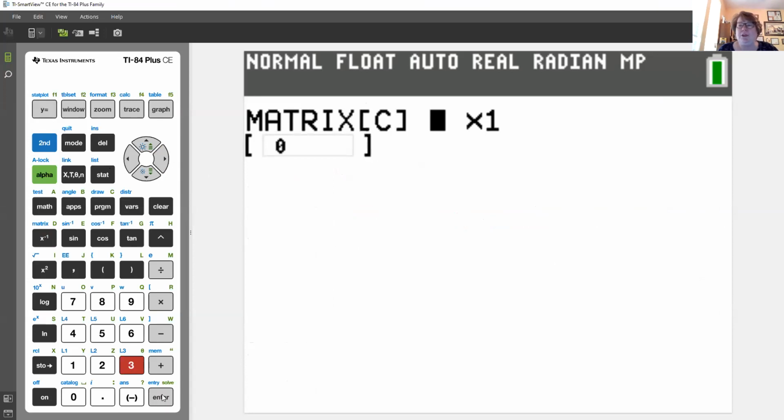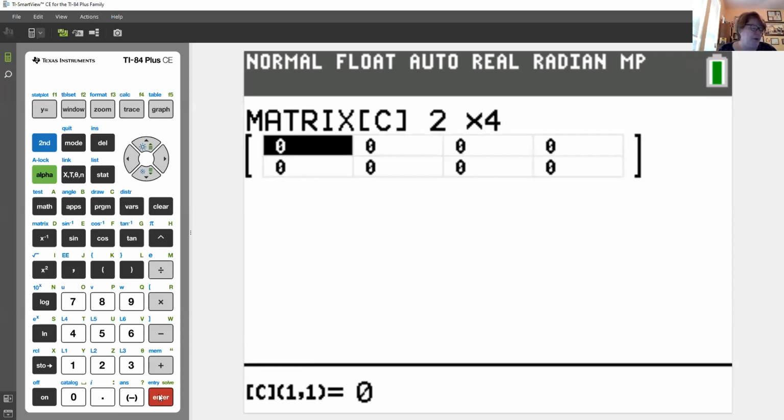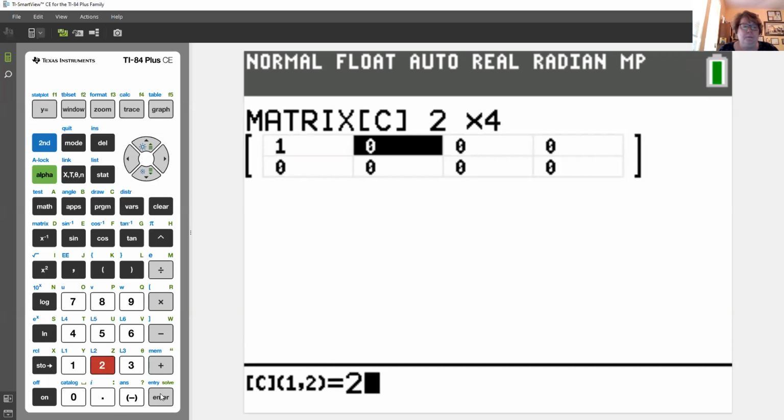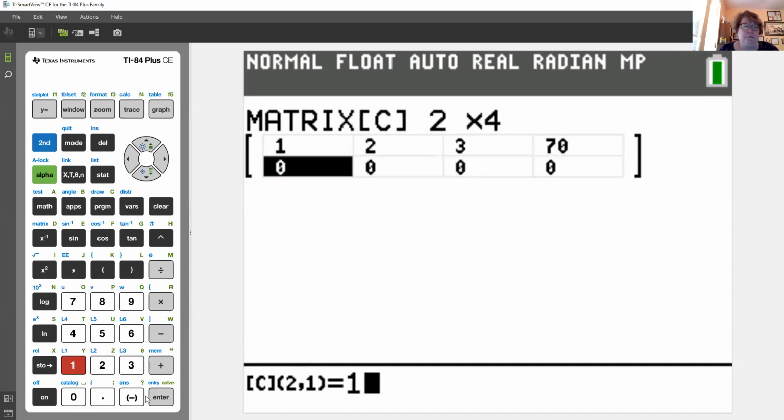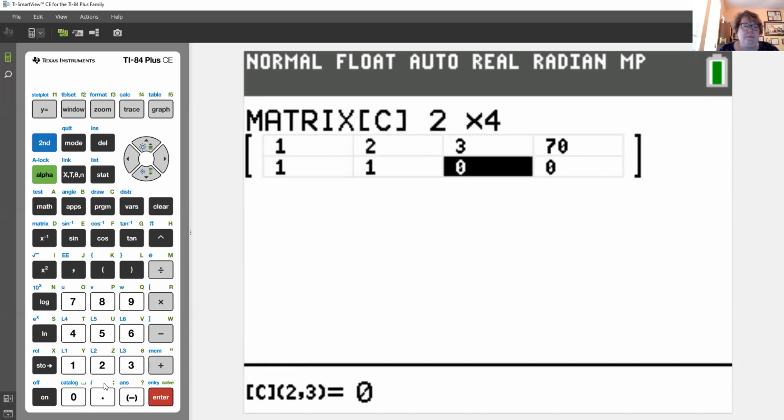And I'm going to put that 2 by 4 matrix in. All right, so the first row was 1, 2, 3, and 70. And the second row was 1, 1, 1, 60.